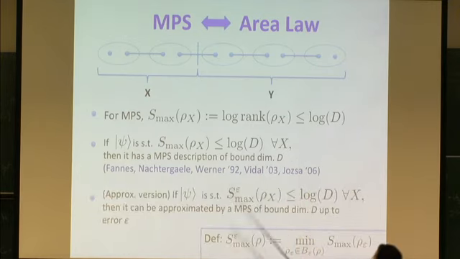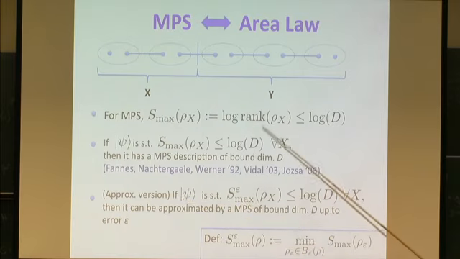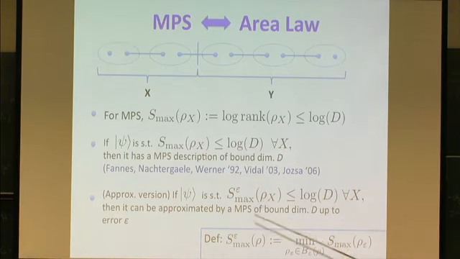And if you want to put in some epsilons, maybe this will be useful later. It's still true even if S_max is log rank. Maybe you want to allow some approximations there. You can use the smooth version of S_max, where we minimize over all states rho_epsilon which are epsilon-close to rho, of the S_max of rho_epsilon.